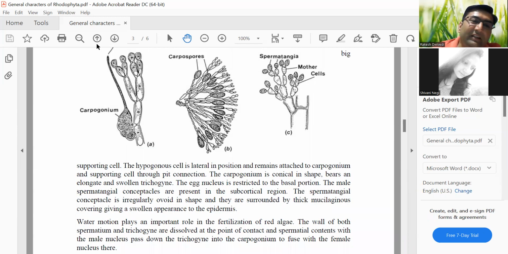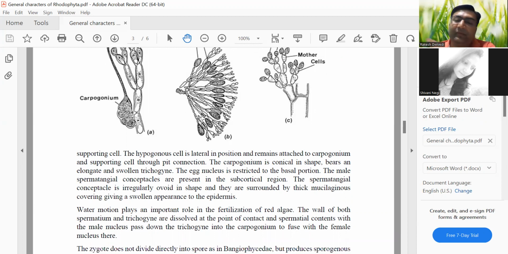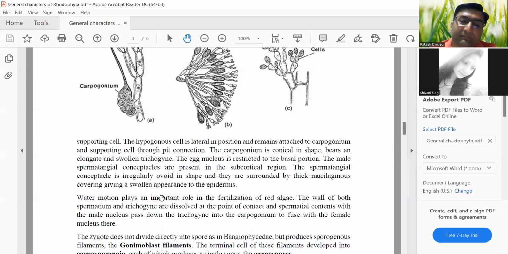It always attaches to its neck region or tip region. When it is attached, the cell wall dissolves and the spermatium nucleus passes down the trichogyne and fuses with the nucleus of the egg cell, which is present in the basal part of the carpogonium, and thus the zygote is formed.